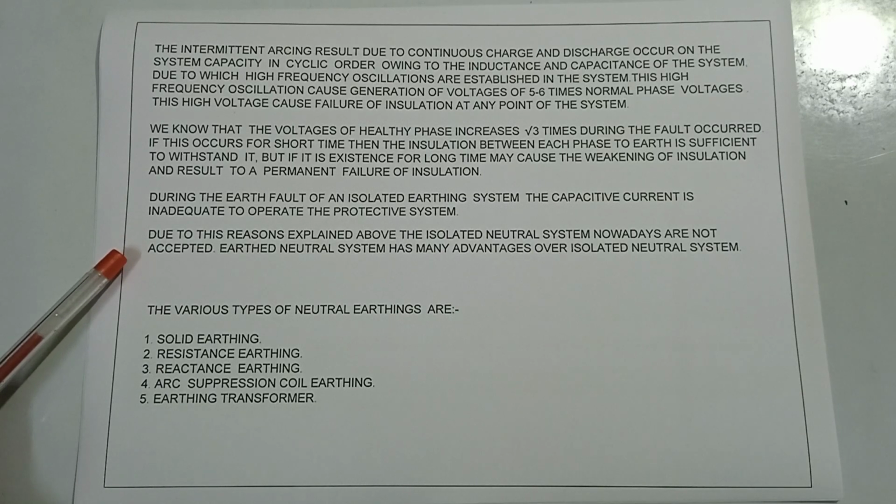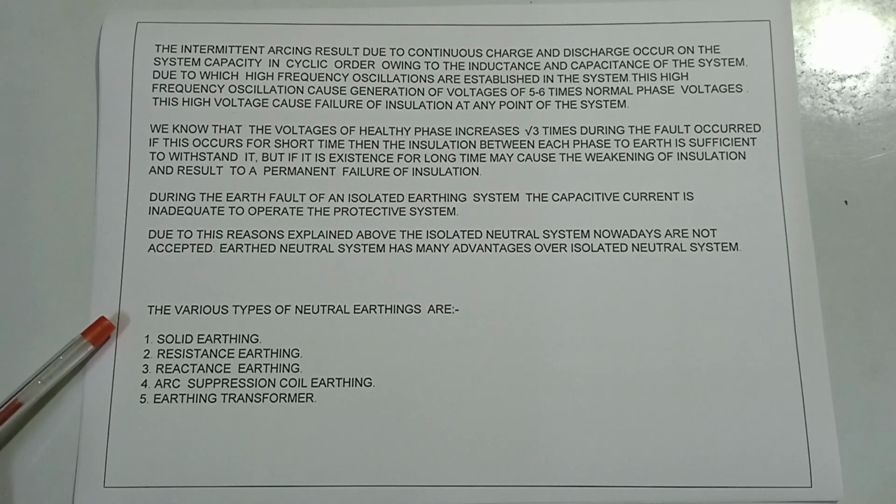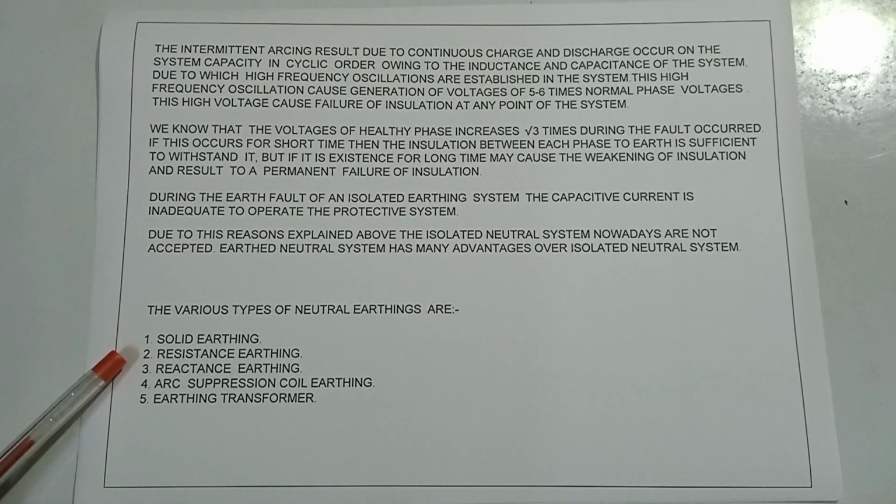Earth neutral system has many advantages over isolated neutral system. The various types of neutral earthing are: 1, solid earthing; 2, resistance earthing; 3, reactance earthing; 4, arc suspension coil earthing; 5, earthing transformer earthing with earthing transformer.